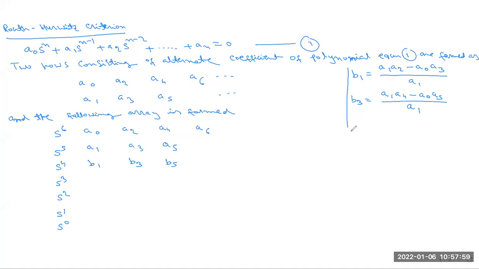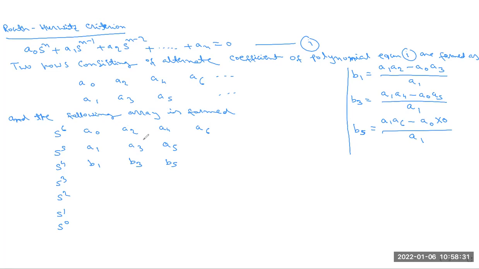What is the formula of B5? How is it calculated? Same procedure. B5 equals A1 dot A6 minus A0 dot 0, divided by A1. I am telling you one thing again. For B5, this column is not considered and also this column is not considered.